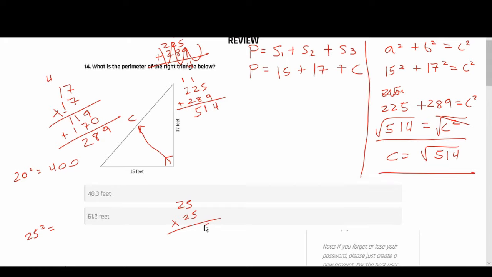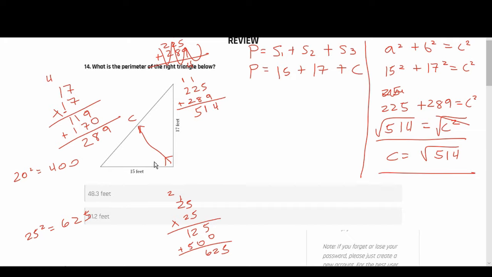5 times 5 is 25. Carry the 2. 2 times 5 is 10 plus 2 is 12. 0. 5 times 2 is 10. Add a 1. 2 times 2 is 4 plus 1 is 5. Also know 25 squared is 625. So we know the square root of 514 is going to be somewhere between 20 and 25.